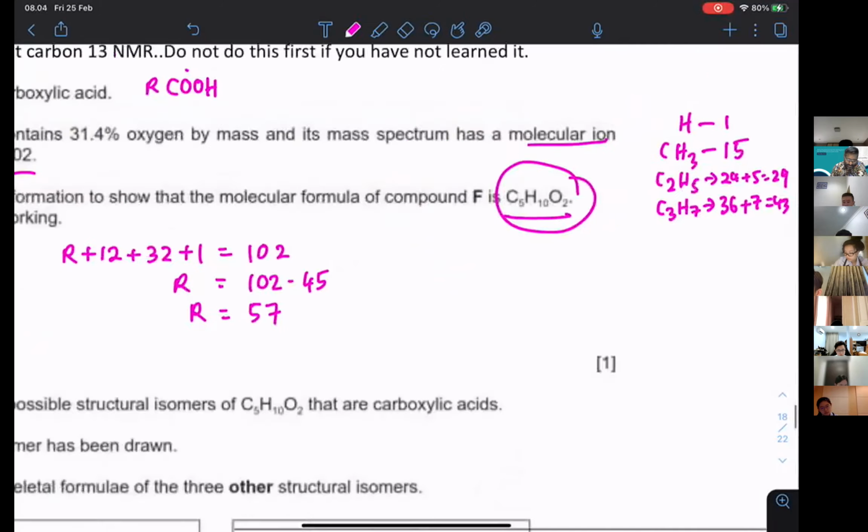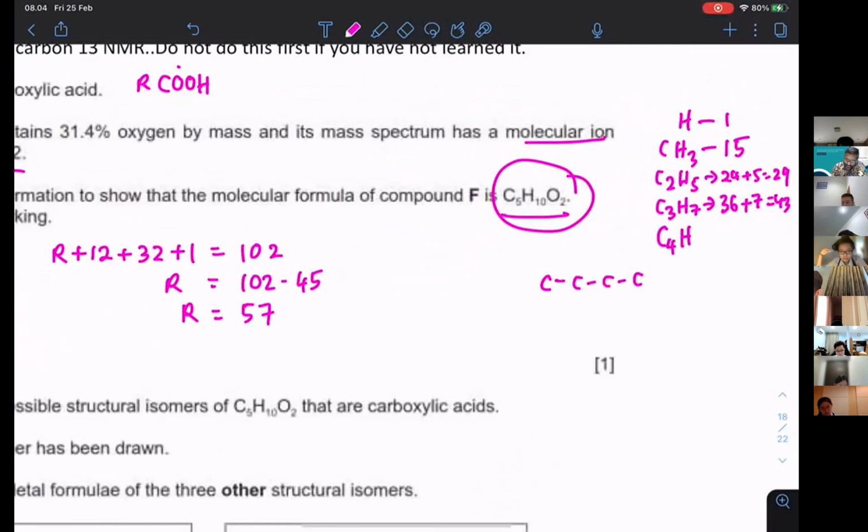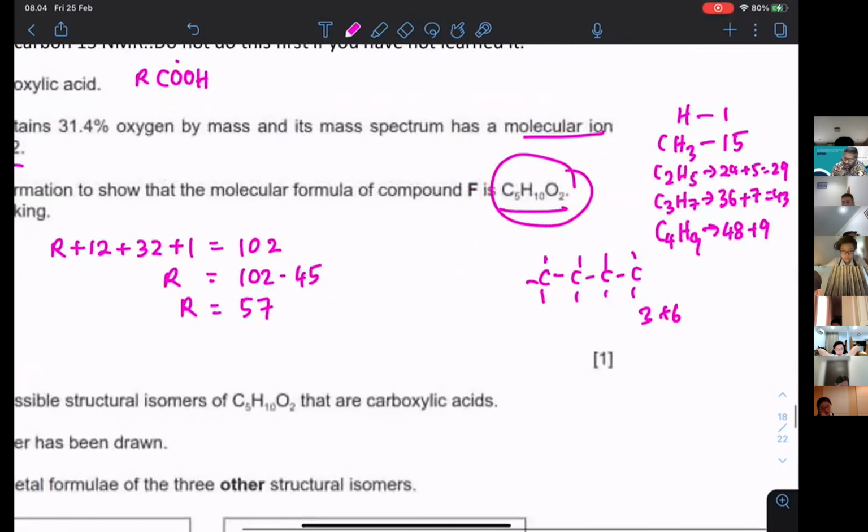So let's try C4H9. 3 plus 6, 9. So 48 plus 9, I get 57. So this one.